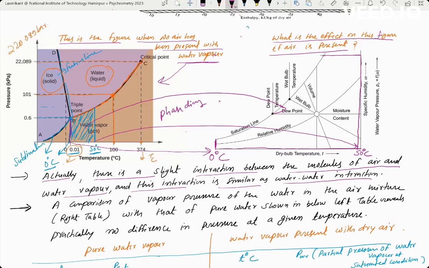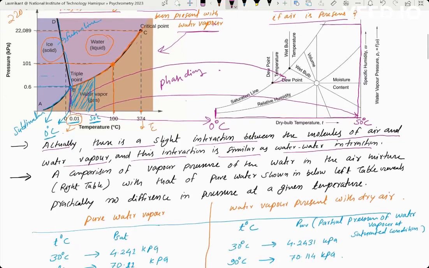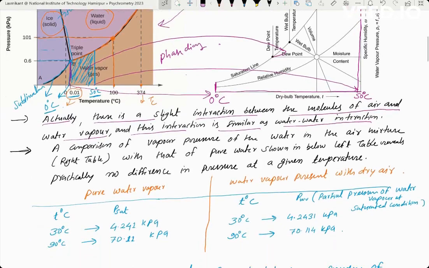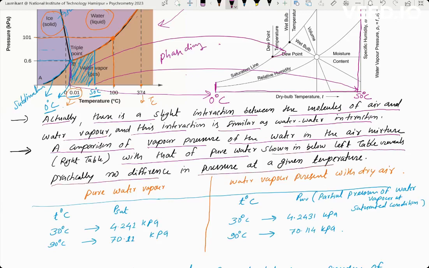However, if we take moist air, then there will be an interaction of water molecules with dry air molecules, so there will be a very little change in the saturation pressure and temperature data, that we will see in the table below. A comparison of the vapor pressure of water in the air mixture with that of pure water, shown in the left table, reveals practically no difference in pressure at a given temperature.